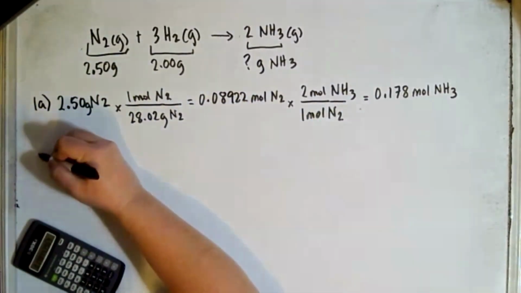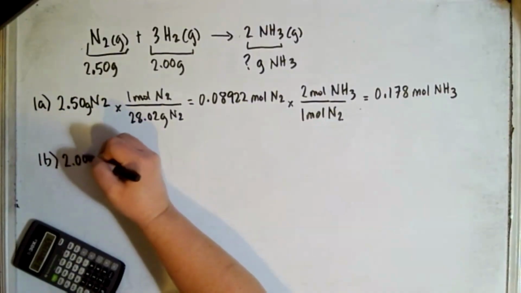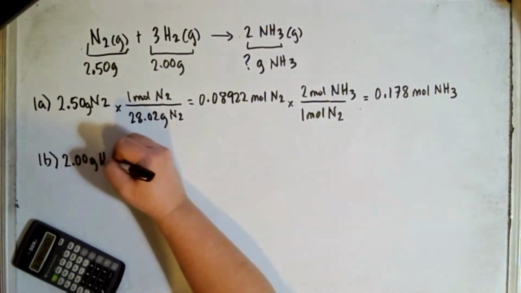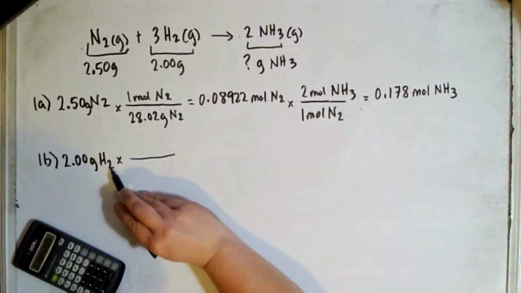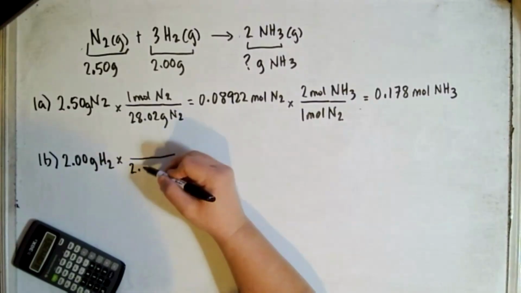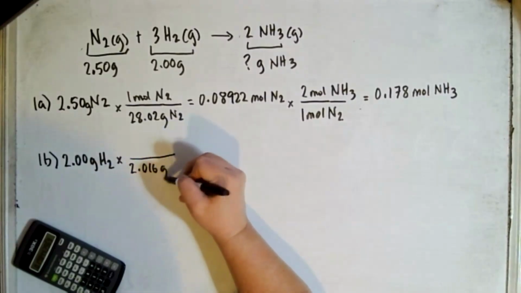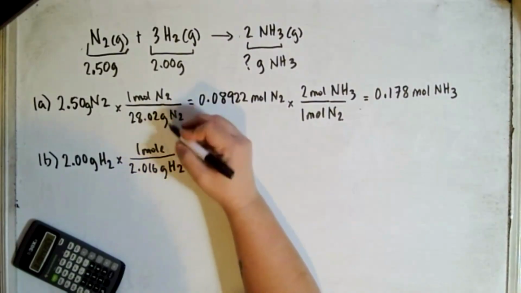Now I'm going to do the same thing for my hydrogen. I'm starting out with 2 grams of hydrogen. The molar mass for my hydrogen is going to be 1.008 times 2. So it's going to be 2.016 grams of hydrogen in every 1 mole.